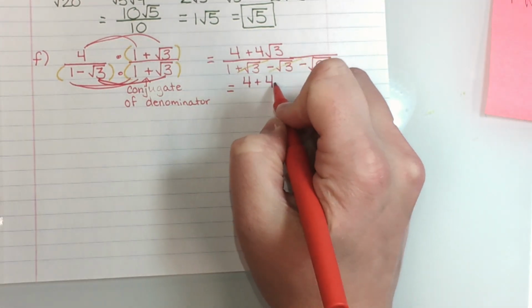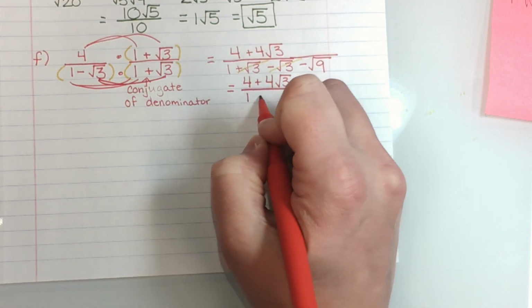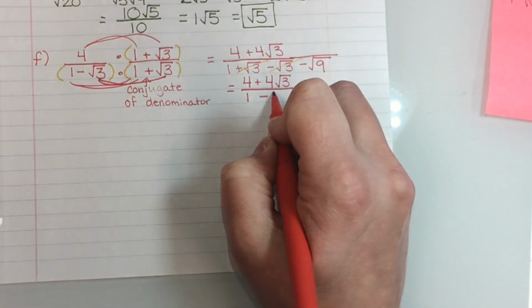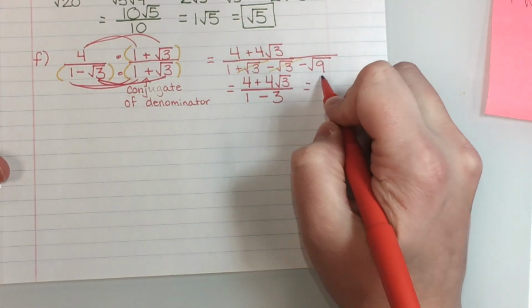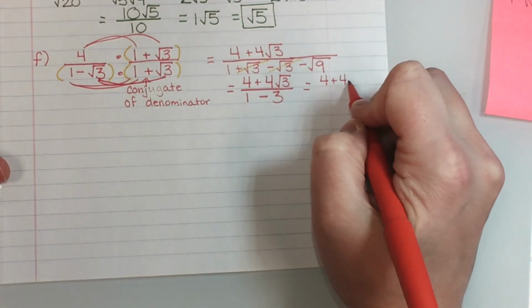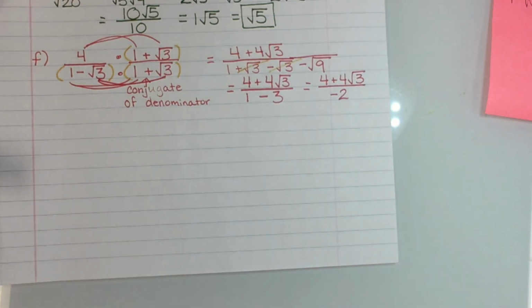Four plus 4 square roots of 3 all over 1 minus 3. Four plus 4 square roots of 3 all over negative 2.